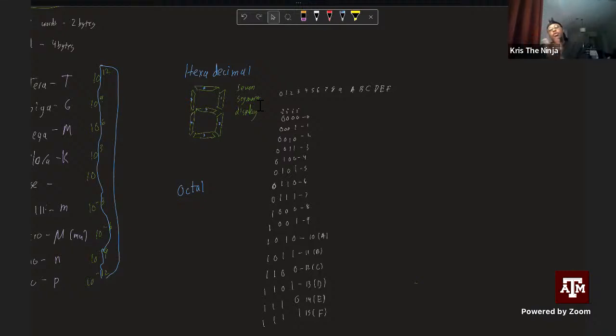I'm sure you're familiar with hex color keys. Let me try to pull this up.